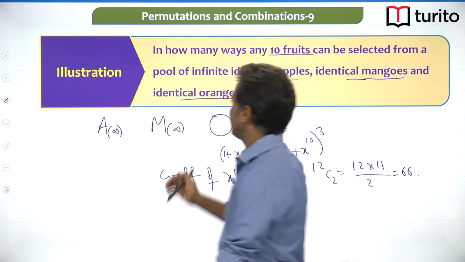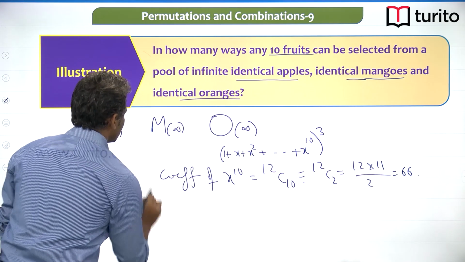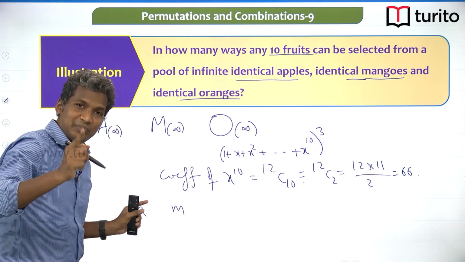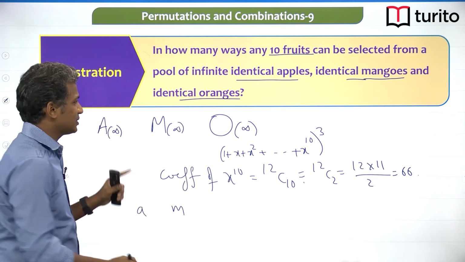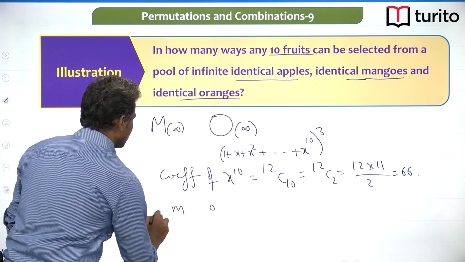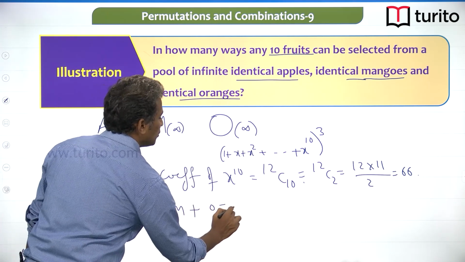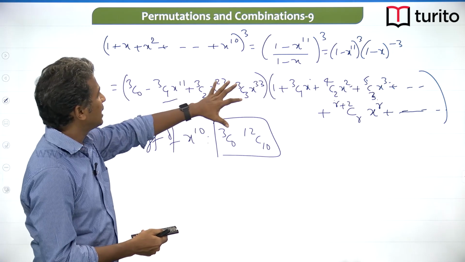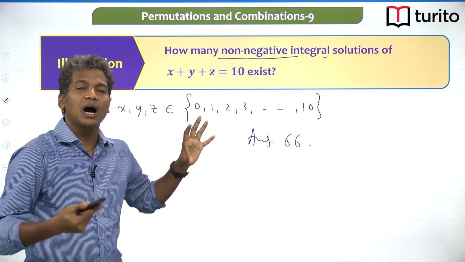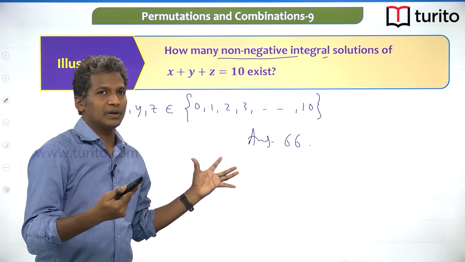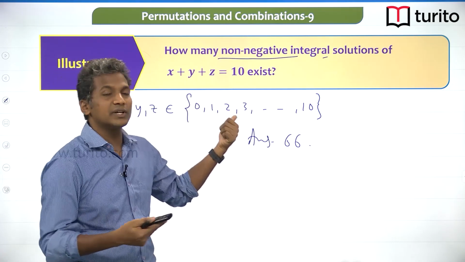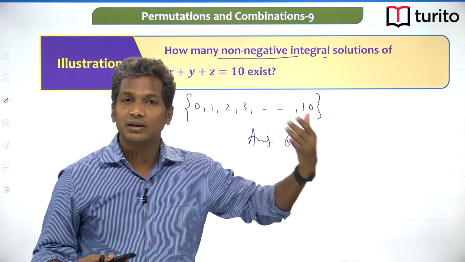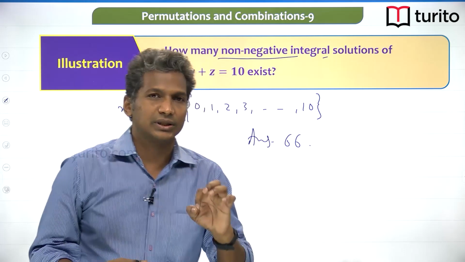Let us say A is the number of apples, M is the number of mangoes, O is the number of oranges, then A plus M plus O must always be 10, right. So, this question and this question are exactly the same. We can also solve this question using a different idea, but I am going to discuss that idea in the lecture of integral solutions.